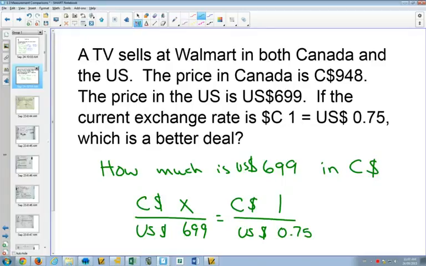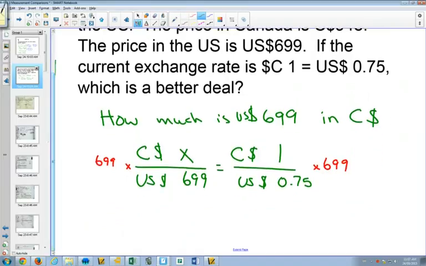So if we multiply both sides by 699, it comes out to $932. And that's exactly it.